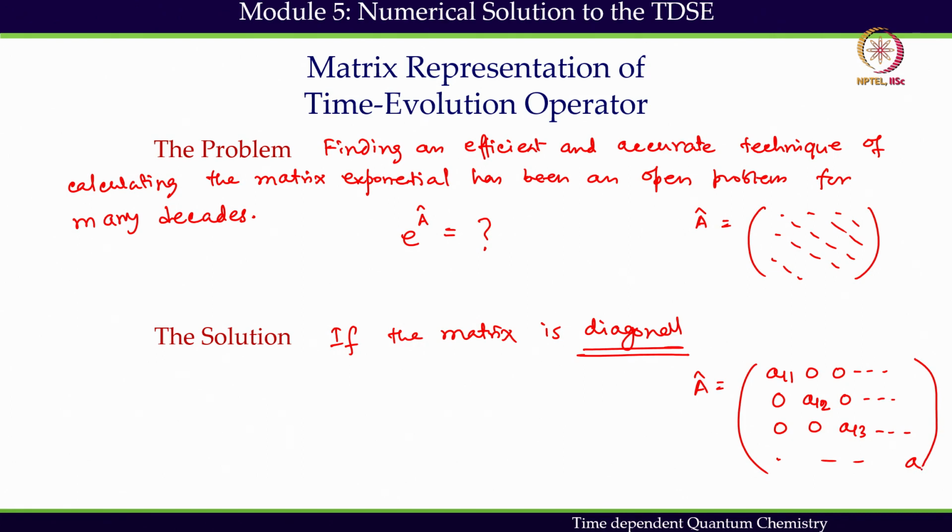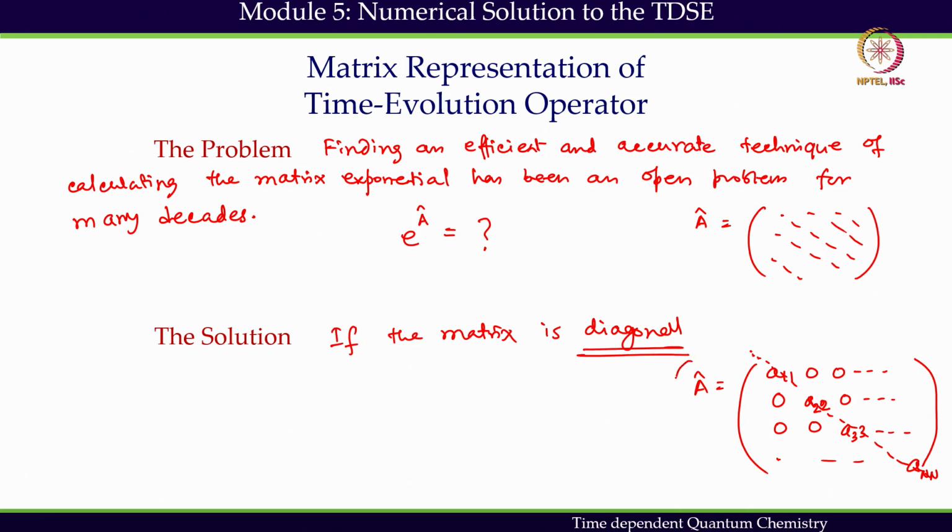Let us say this is some values, A1n, this is going to be A22, this is going to be A33. So, if I have only diagonal elements present in a square matrix, then it is called a diagonal matrix.